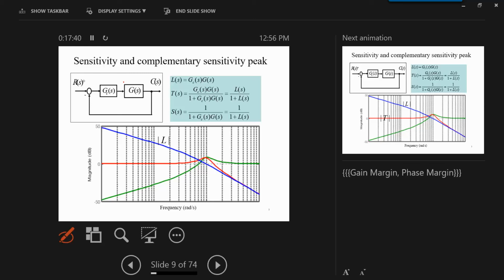Well, what does this represent? The green line here. What does it represent? The green line is S, 1 over 1 plus G. What is sensitivity?